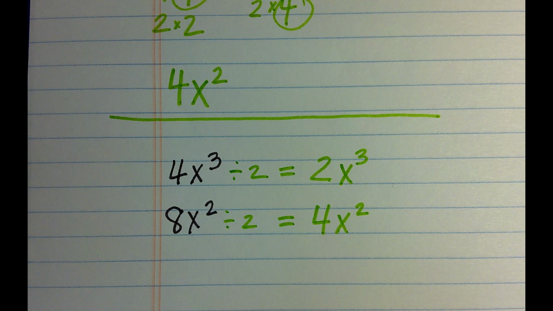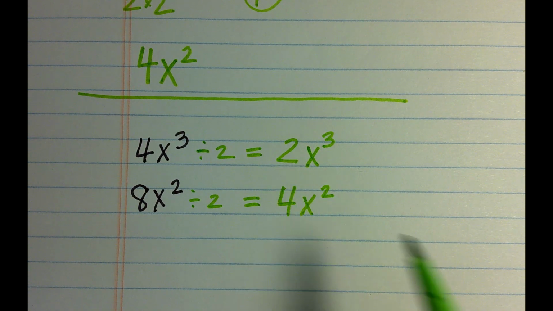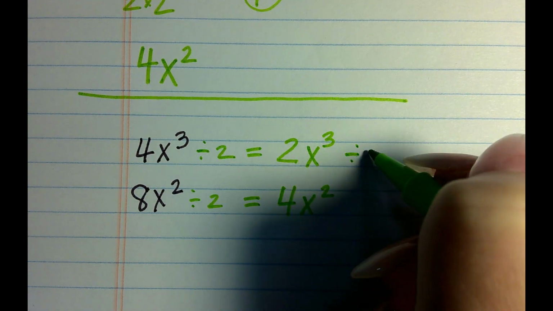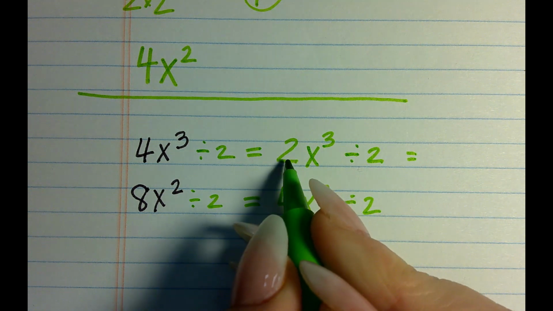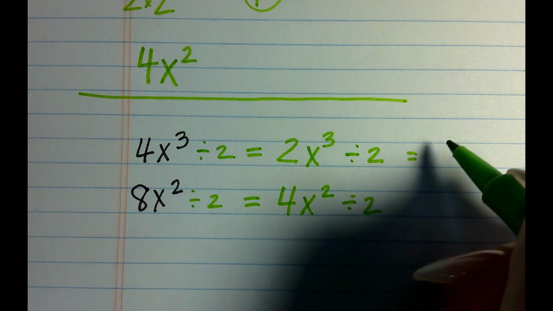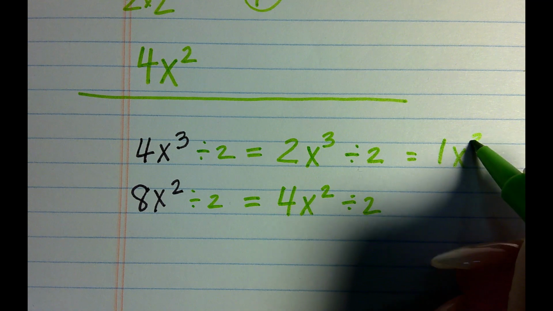So we divided by 2. Can I divide 2 and 4 by anything? I can still divide by 2 again. And I get 2 divided by 2 is what? 1. Good. So I have 1 x to the 3rd power.